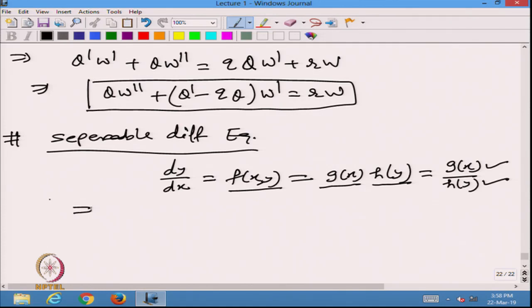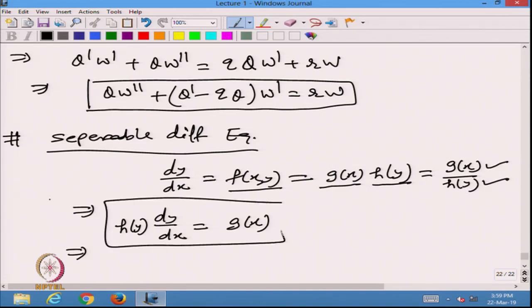So, suppose I take this form of the function, then I can multiply by h(y) on both sides. This is the factor I am taking. Now I will try to solve this equation.